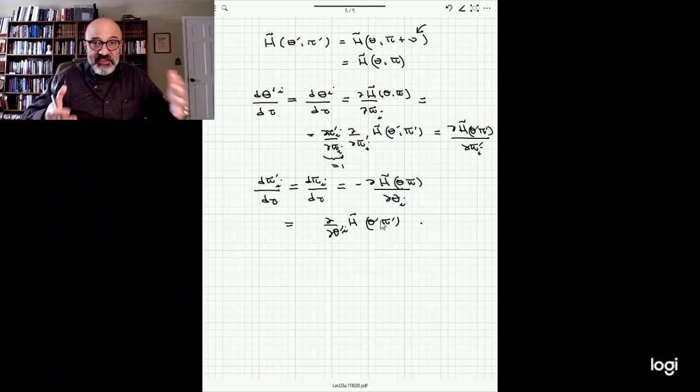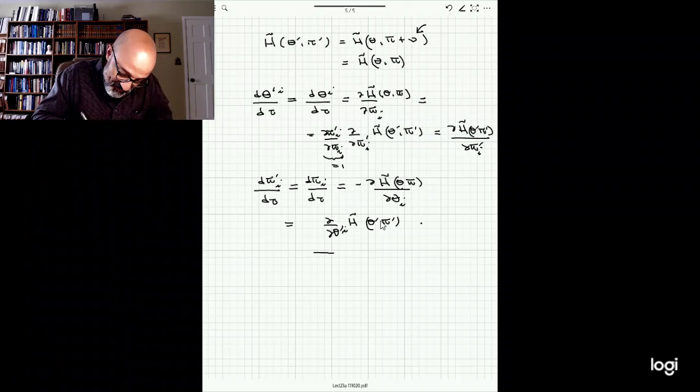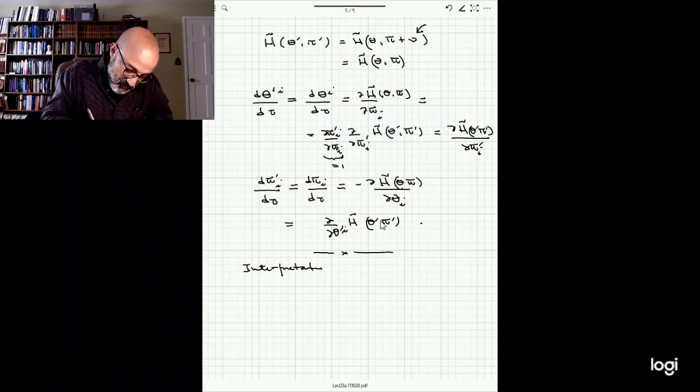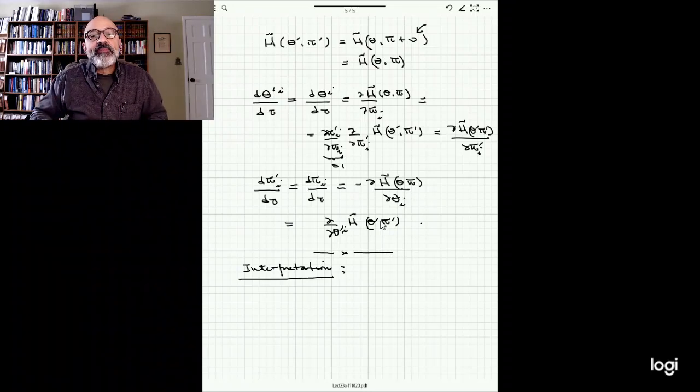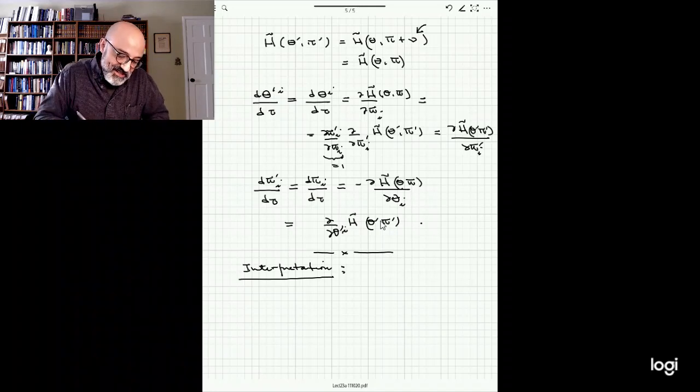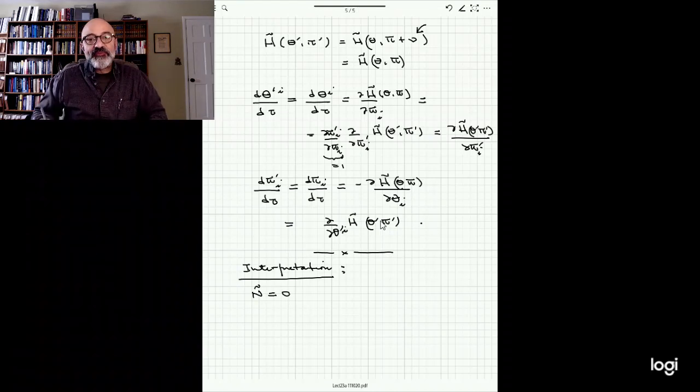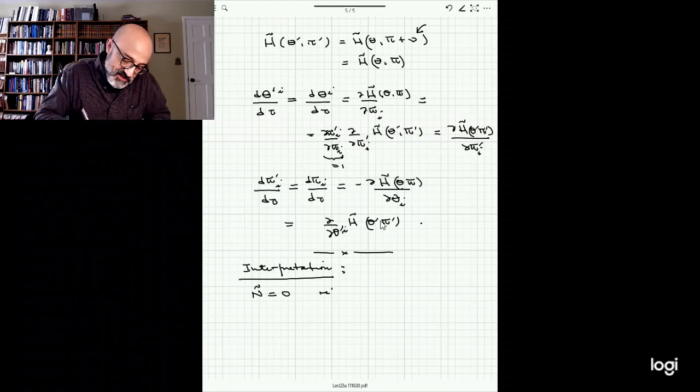So how do we read all of these things? Here is the interpretation. The idea here is that the constraint, when we impose normalization, reduces the number of degrees of freedom by 1.